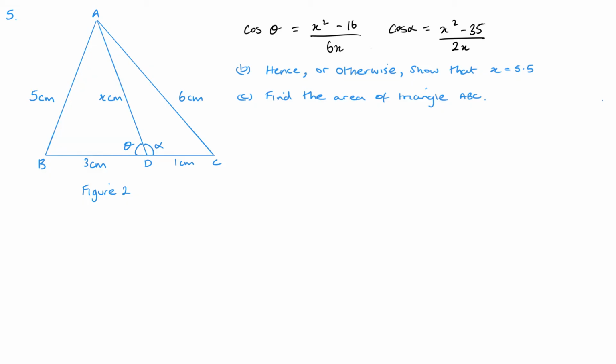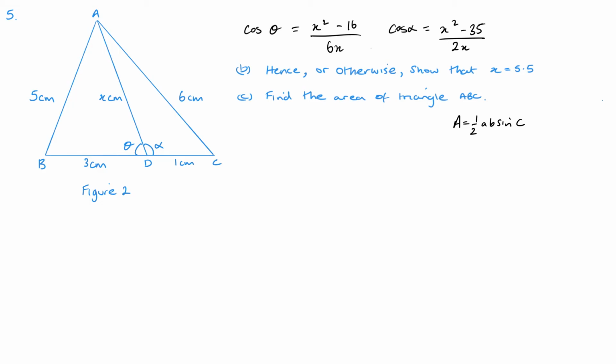Now, there's lots of different ways to find the area of this triangle. Ultimately what I have in my head is that I'm going to end up using a half AB sine C to find the area. It's a non-right angle triangle, so that is what I'm going to do logically.